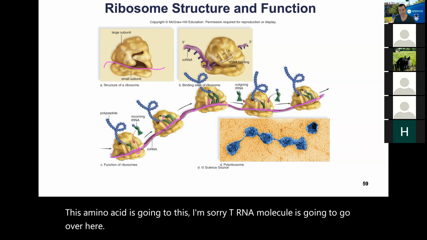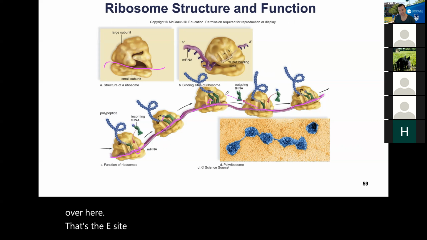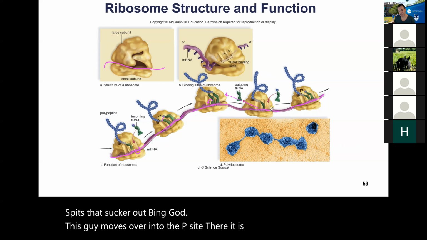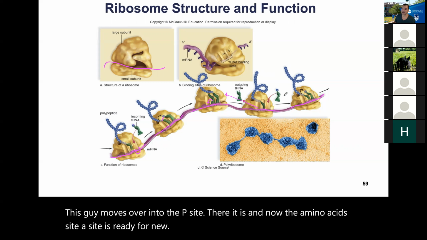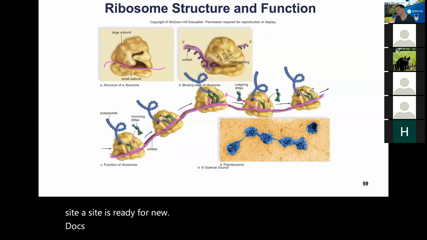That's the E site, and it spits that out. Gone. This one moves over into the P site, and now the A site is ready for a new one. It docks there. Peptide bond, and so on.